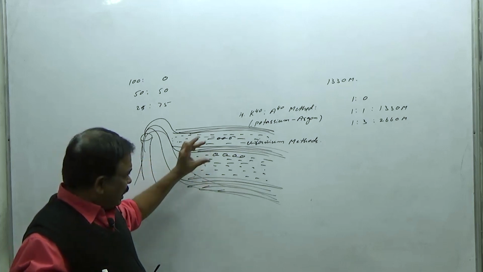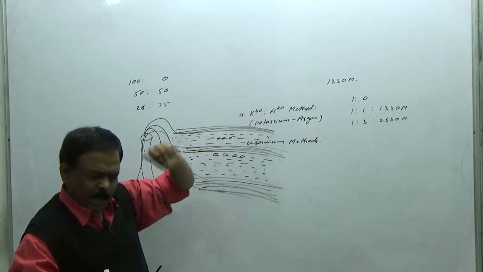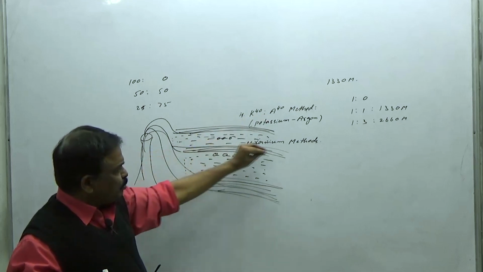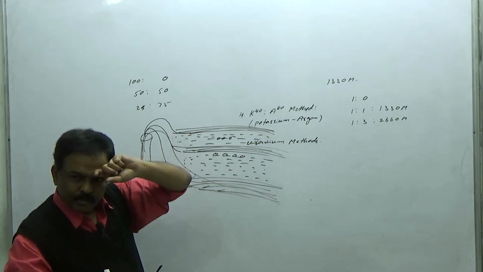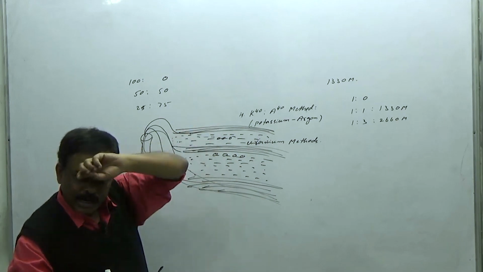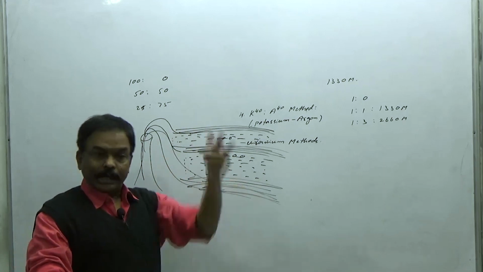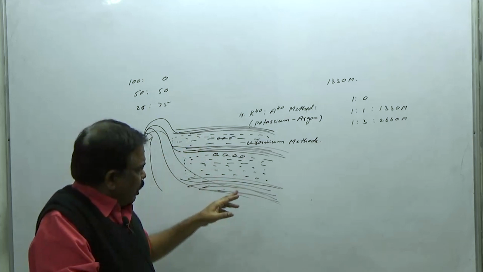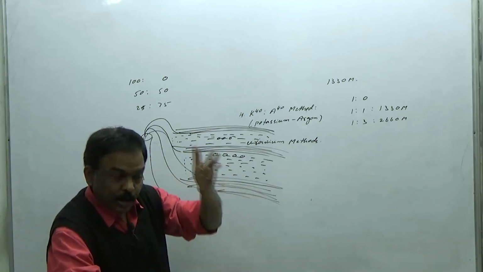Again they analyze this rock. What is the percentage of potassium and argon? Then they can understand how many millions of years back this layer came into existence. Then again they can analyze the next layer. Here, first, they identified the Dryopithecine fossils.